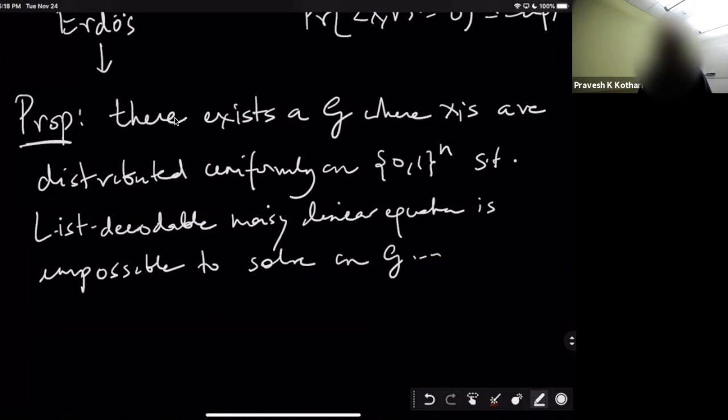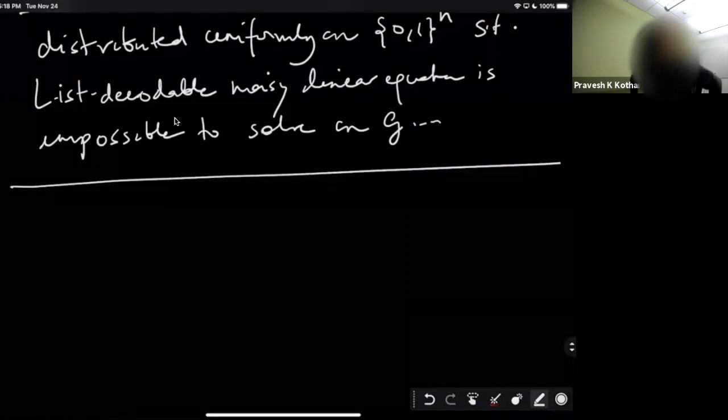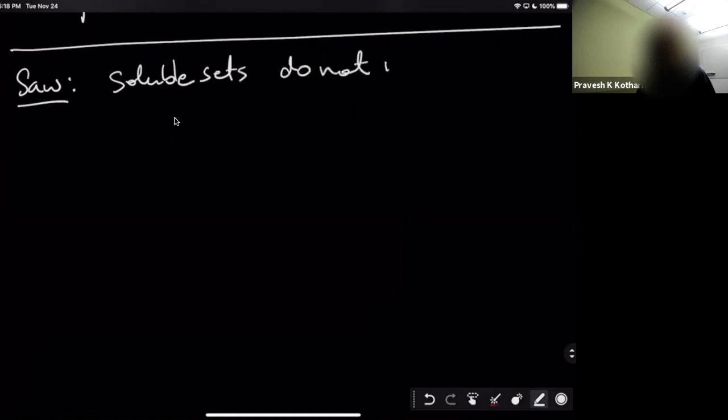Okay, good. So what have we done so far? Let's take stock of where we are. We saw that soluble sets are not enough as certificates.